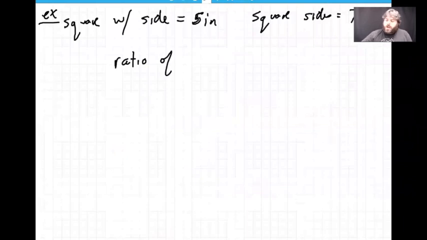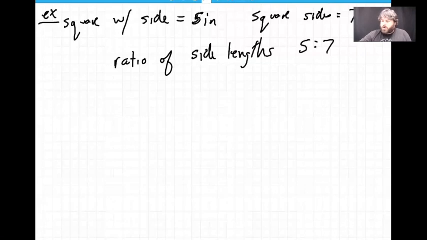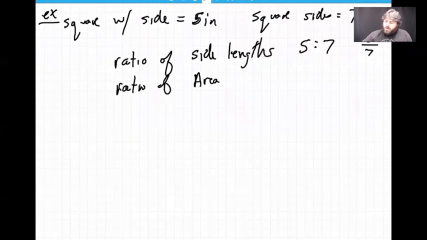So what's the ratio of their side lengths? Well, that's easy, right? You just write the ratio as 5 to 7. Now remember, you could see it written as 5 over 7. What would the ratio of their areas be? That would be 5 squared to 7 squared, so 25 to 49.